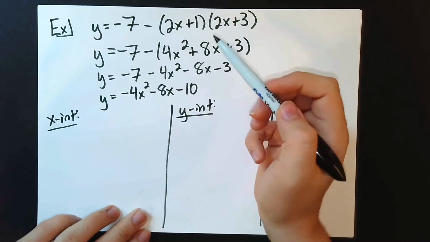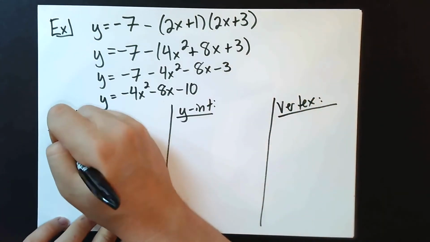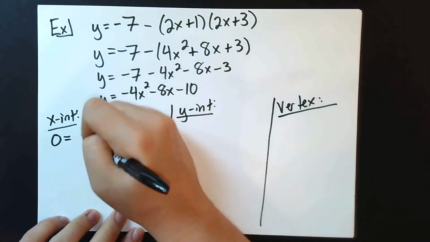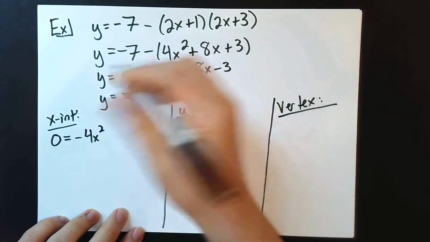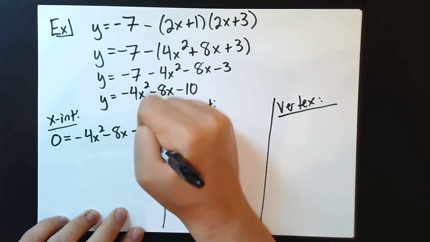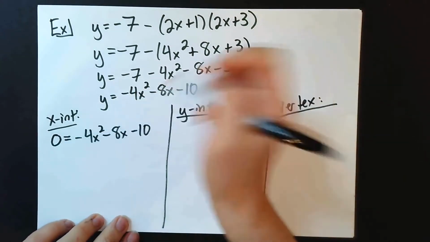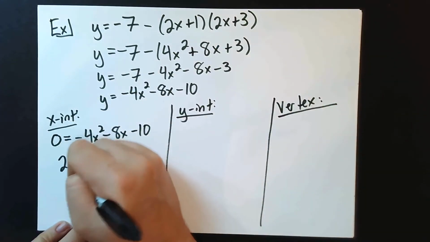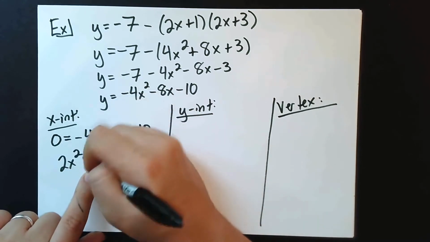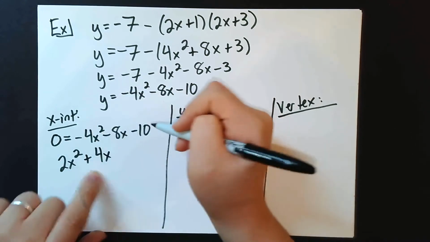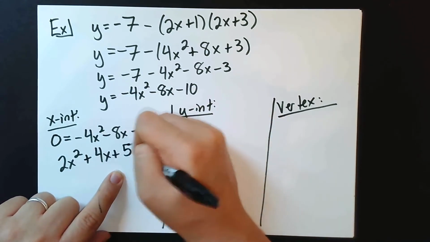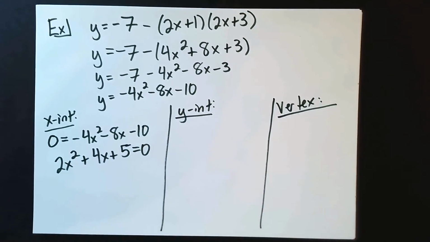When I go to find the x-intercept, I know what I'm supposed to do. I'm supposed to set 0 equal to minus 4x squared minus 8x minus 10. I notice I can divide everything through by minus 2, so that'll give me 2x squared plus 4x plus 5 equals 0.